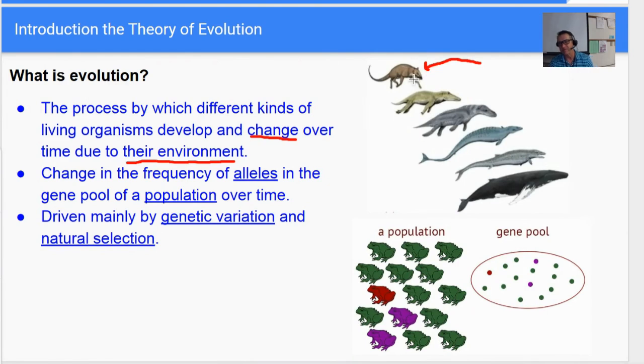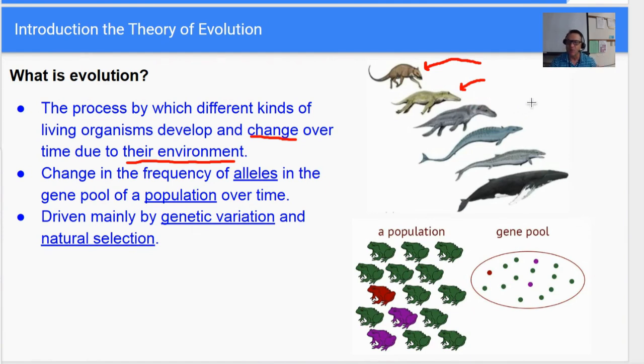They were little mammals, kind of like little rodent-like creatures, and they lived on land. They had legs. But due to some sort of change in their environment, either they're trying to evade predators or they're trying to find food, they started spending more and more time in the water. So they're kind of like alligators or crocodiles that spend part of their time in the water and then part of their time out of the water.